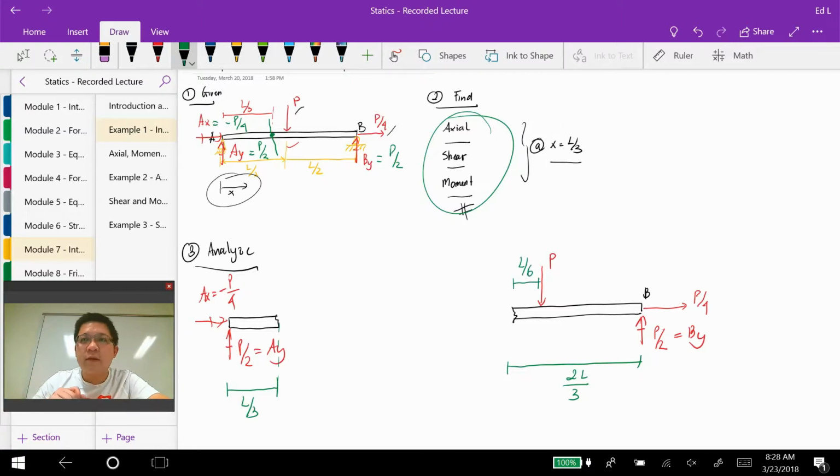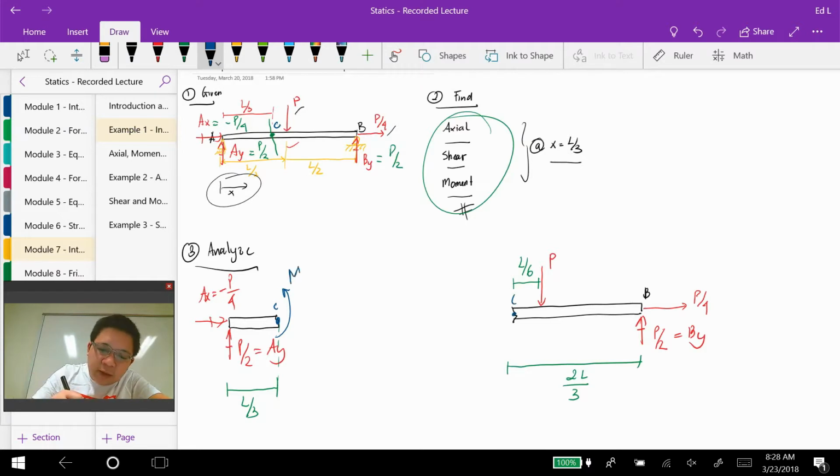Once we make the cut we see the force, so at x equal to L over 3 we will see a moment here. Let's label this point as point C, and this is point C as well.